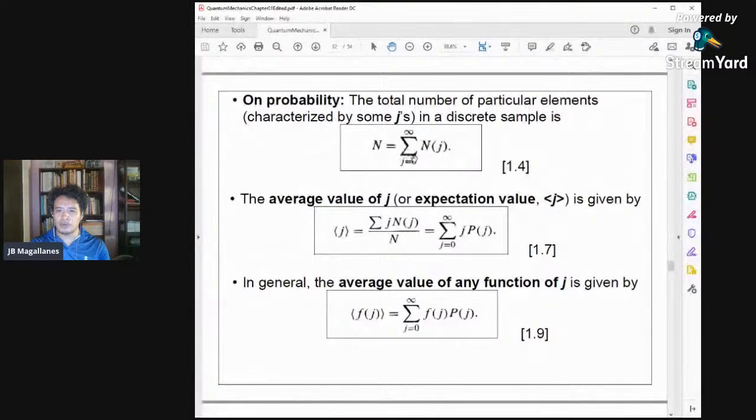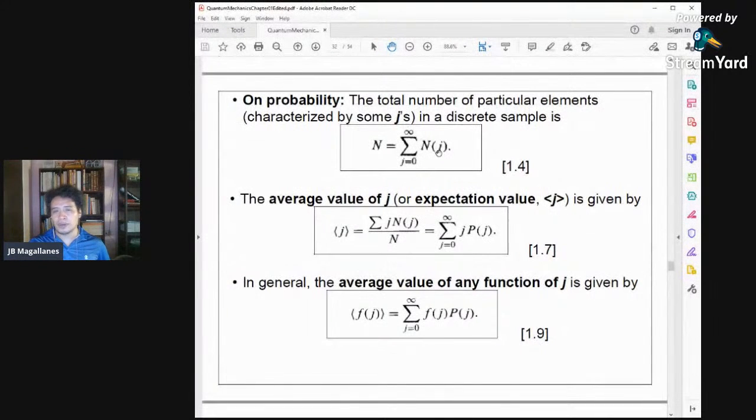This is equation 1.4. The total number of particular elements characterized by some j's in a discrete sample is equal to N, which is equal to the summation of N_j, where j comes from 0 to infinity. The j here could be the age or any characteristic of a sample.